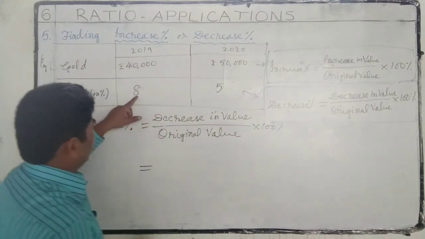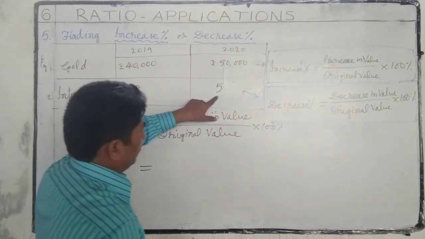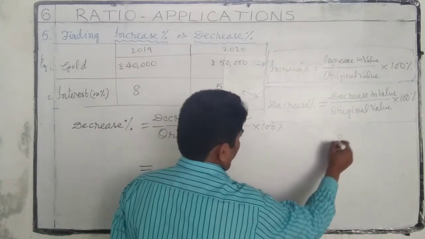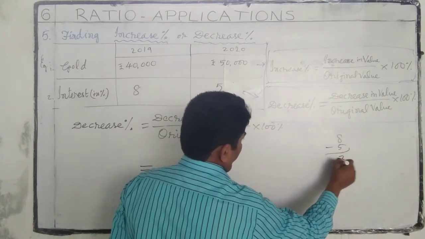How much decreased? 8 to 5. 8 minus 5, 3.